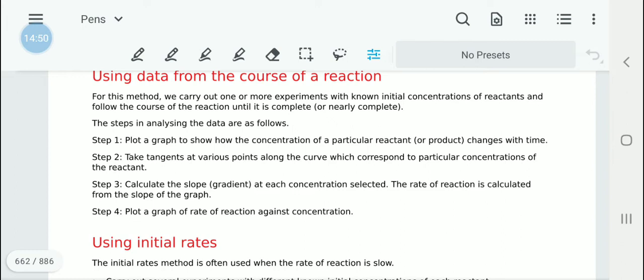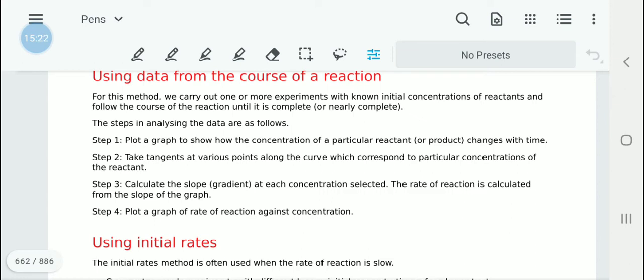Using tangents drawn, calculate the rate of the reaction and plot a graph of rate of the reaction against concentration.